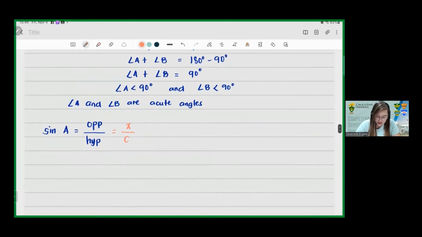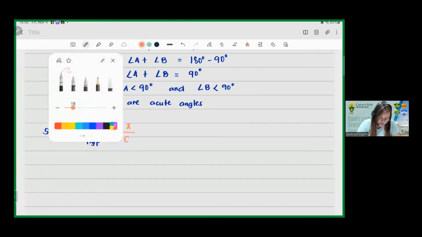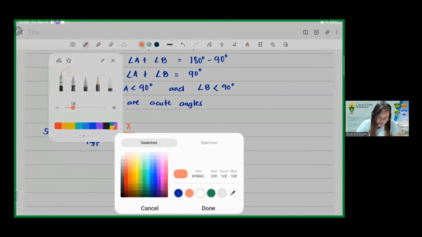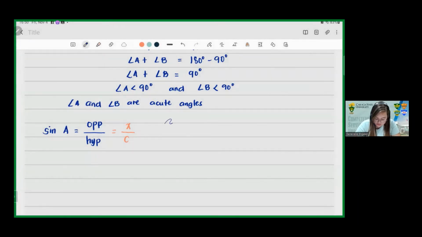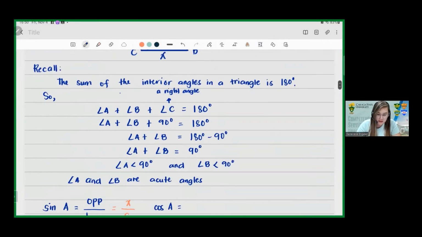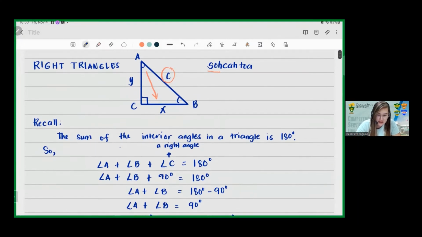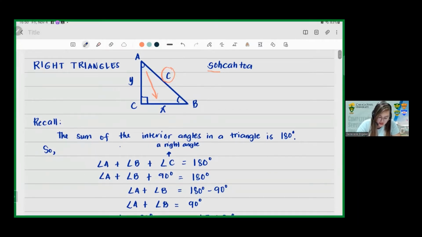Okay, and the cosine of A is adjacent over hypotenuse.